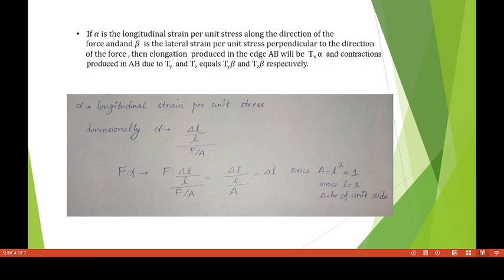Then elongation produced in any edge AB will be Tx times alpha, and the contraction produced in AB due to Ty and Tz equals Ty times beta and Tz times beta respectively.